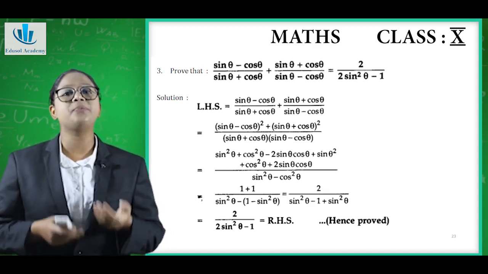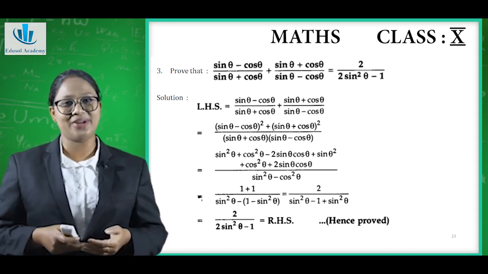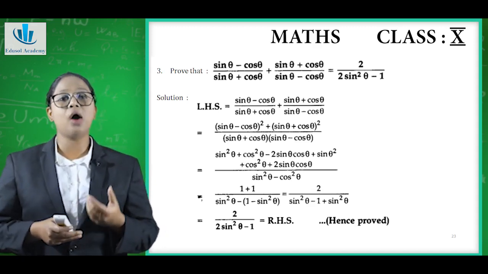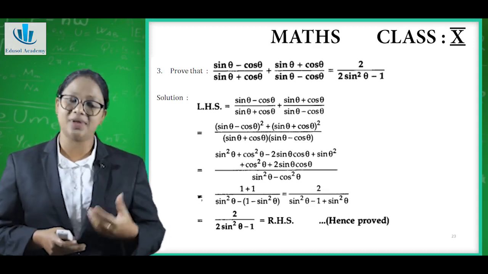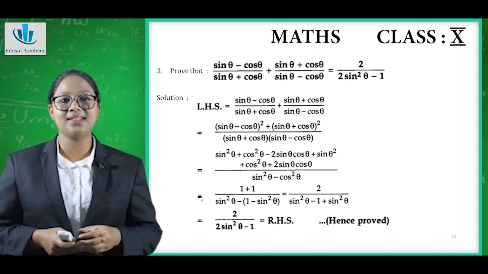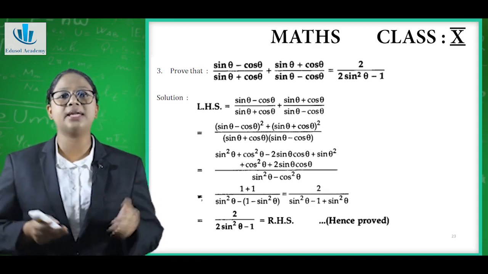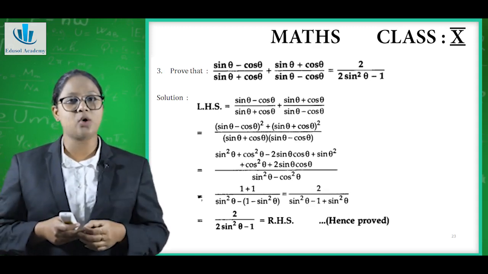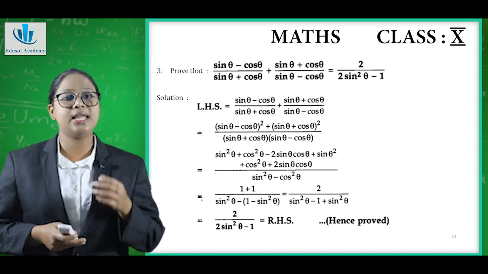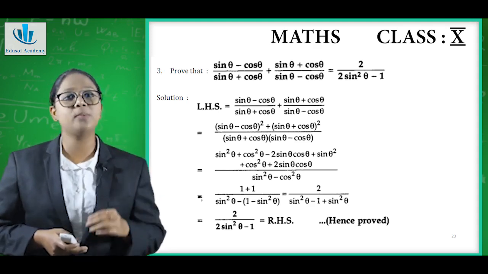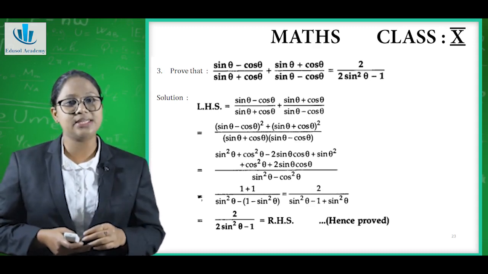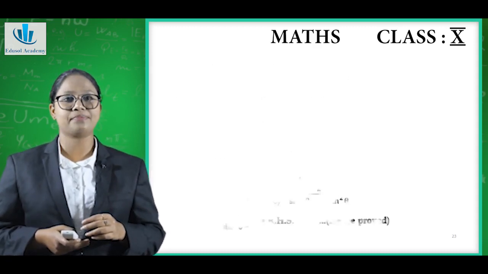So we can simply write sin² θ − cos² θ. In the numerator, both are of the form (a − b)² and (a + b)², so we apply the identities and open the brackets, and the 2 sin θ cos θ terms will cancel, and in the end we prove the numerator as 2 and the denominator as 2 sin² θ − 1.